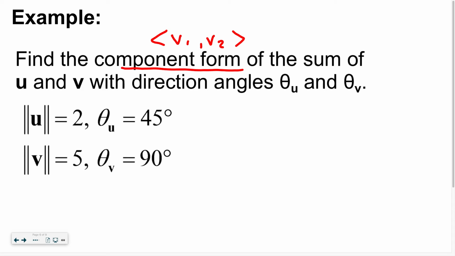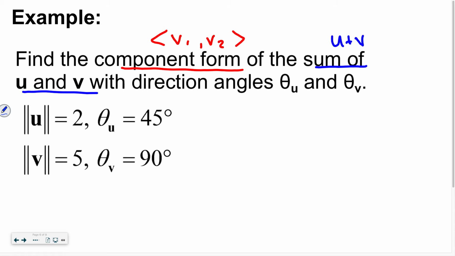So I'm thinking about that, angled brackets, component form. And then the other thing that stands out to me is that I actually want the component form for the sum of u and v. You guys did some sums on your homework, right? You added some vectors together. Remember, when you're doing addition with two vectors, you need all the components of u and v so you can add the horizontal components and add the vertical components.